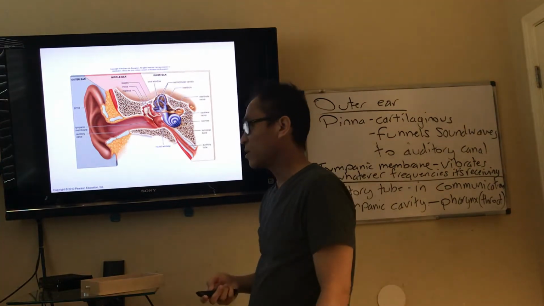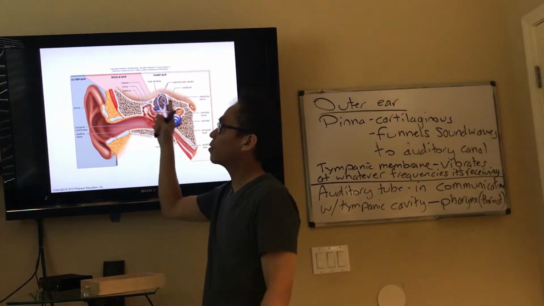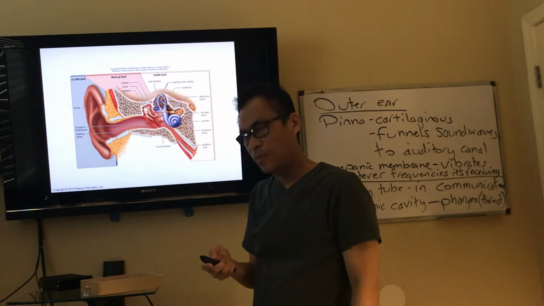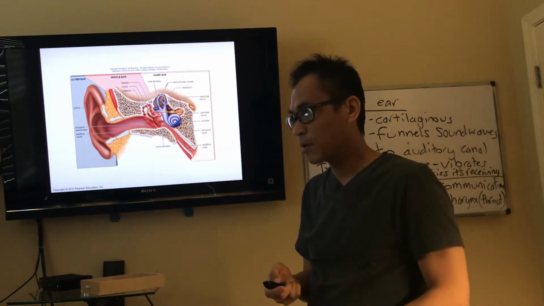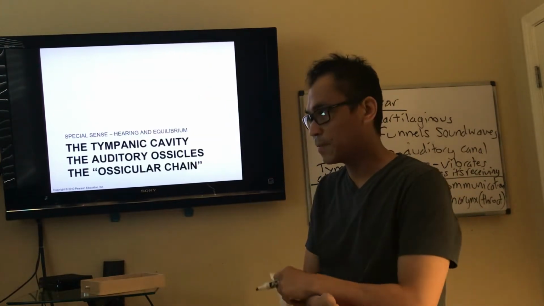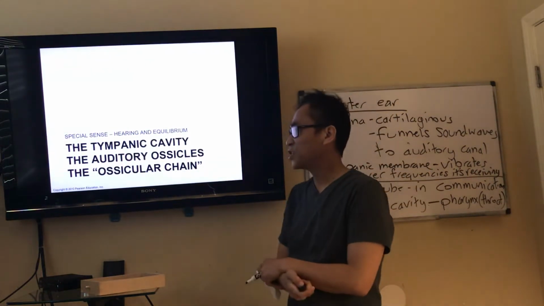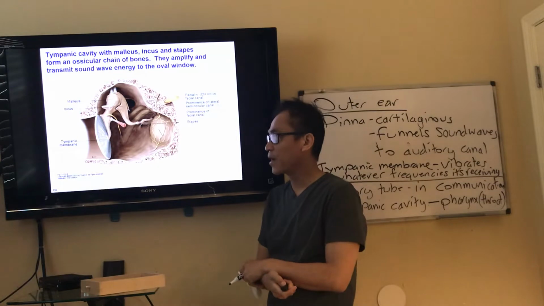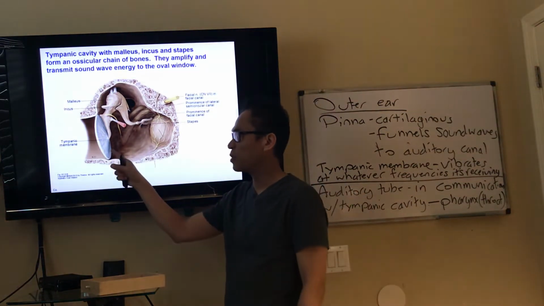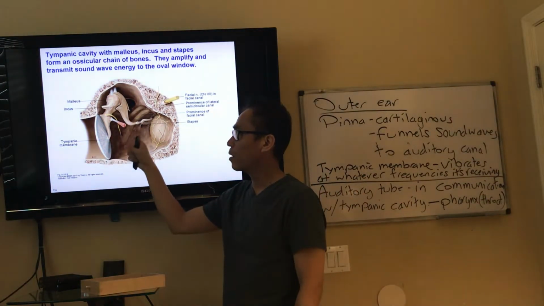Okay, so that's the basic idea, outer, middle, inner ear. A little bit more about those middle ear tympanic cavity or auditory ossicles, which are a chain of bones that transfer sound wave energy from the tympanic membrane from there to there.